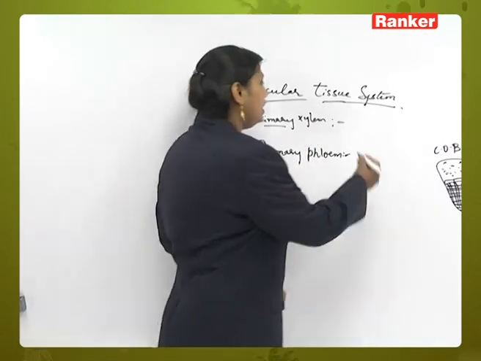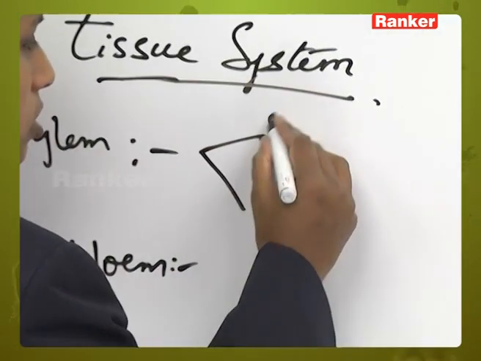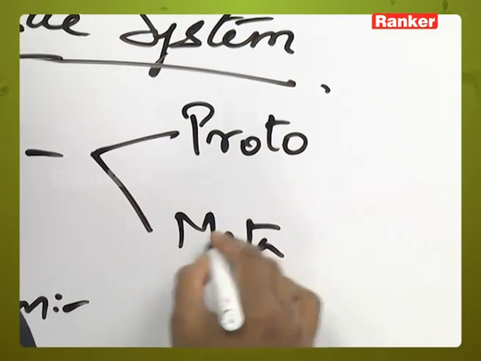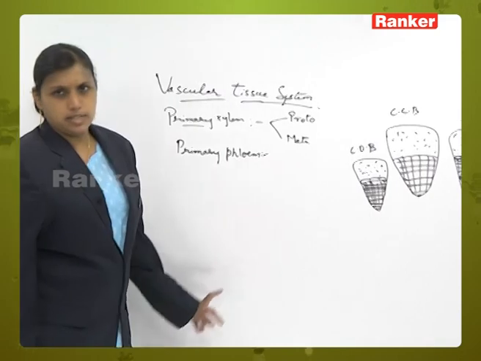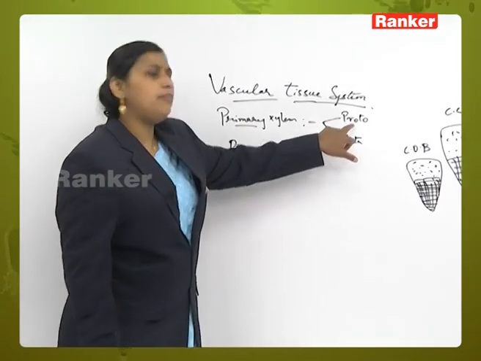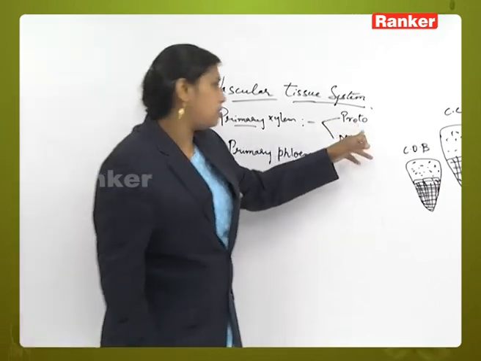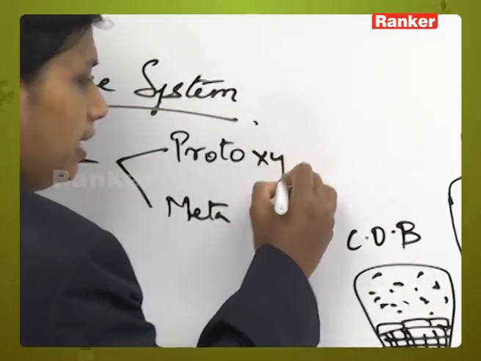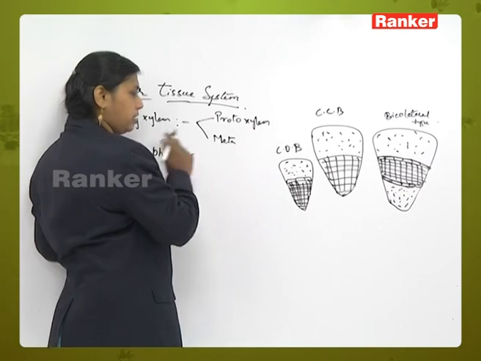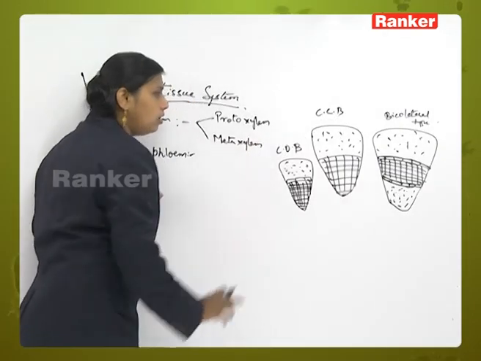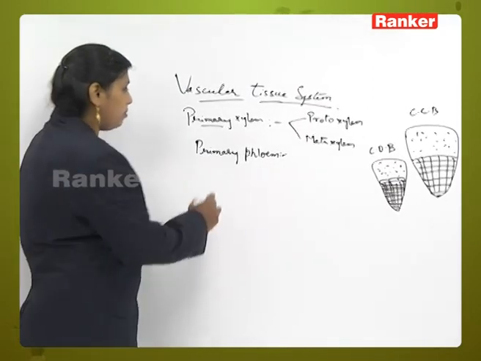Again you have two types here. Those are called protoxylem and metaxylem. So the first formed primary xylem is called protoxylem, and the later formed primary xylem is called metaxylem. Okay, next one, primary phloem.